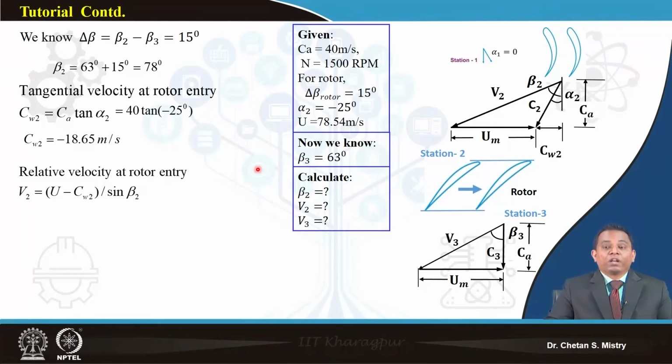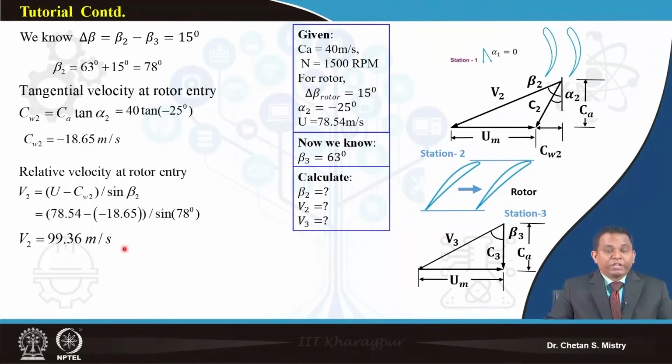We can calculate our relative velocity based on the velocity triangle at the entry of my rotor. It says relative velocity V2 is U minus Cw2 by sin beta 2. I know my U, I know Cw2 and my beta 2. So, based on that, we can do our calculation for relative velocity.